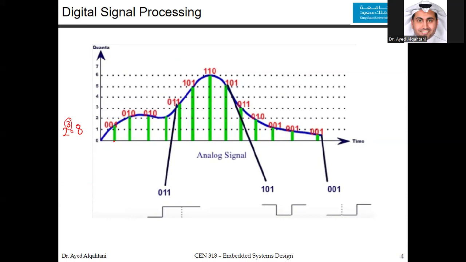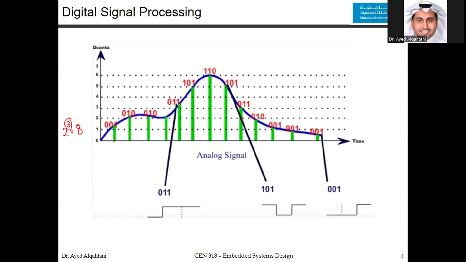Even if there are slight differences, we always round them. For example, this sample here is actually between level 3 and 4. So we decided that it's closer to 3 just by looking. If you know the exact value, then you can do the rounding precisely.